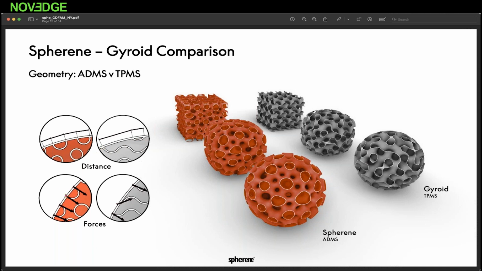What that means for forces that you introduce or stresses, you have an even distribution inside of the structure, whereas with the gyroid, it is chaotic and you cannot really predict what happens.